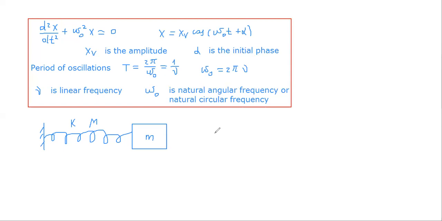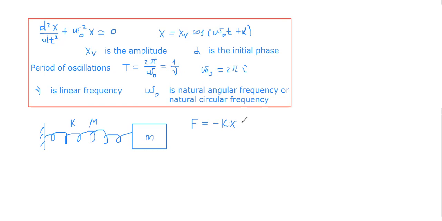So in this case, for a simple oscillator, the force is equal to minus kx. This term we had from the previous case that we learned on our previous lesson.